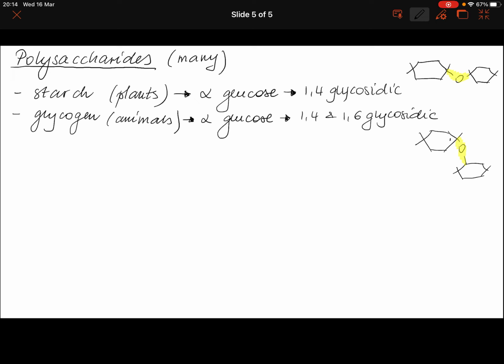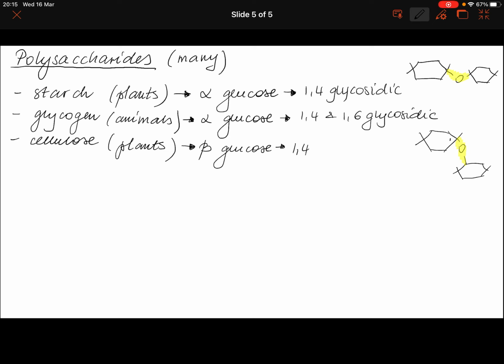And the final polysaccharide that you need to be able to talk about is cellulose. Cellulose is again found in plants. So cellulose makes the cell wall. This is the polysaccharide that is made of beta glucose.